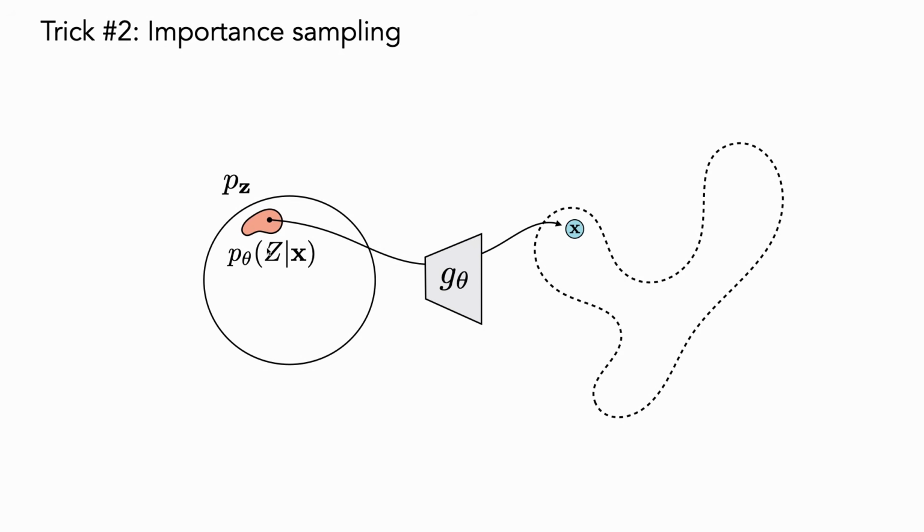If I knew p(z given x), here's x. Given x, these are the z's that place high probability on x. It might be a complicated distribution, but most of the density, this high density region of p(z given x), is in a small region. And if I could simply sample from those points, it would suffice to get a good estimate of what would happen if I had sampled from everywhere. Because most other points will place roughly 0 density and they just won't contribute to that integral.